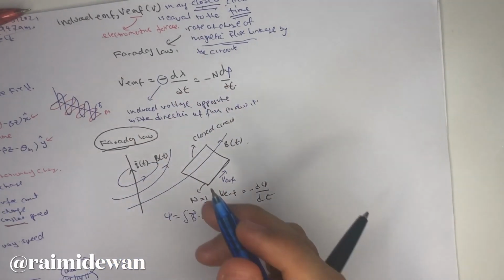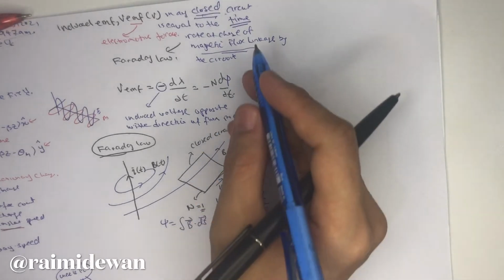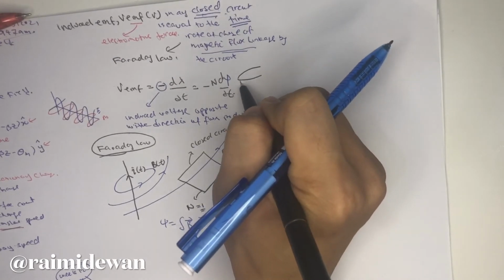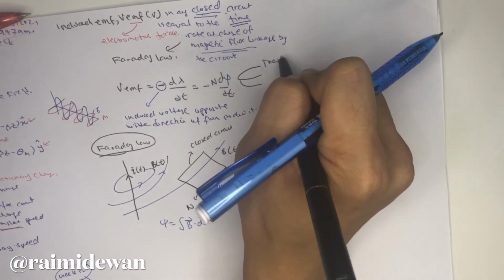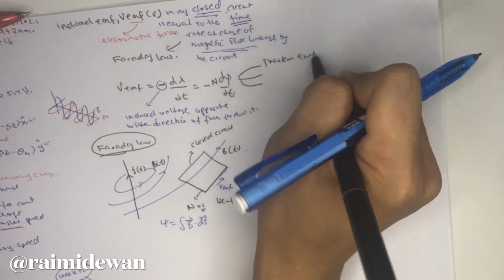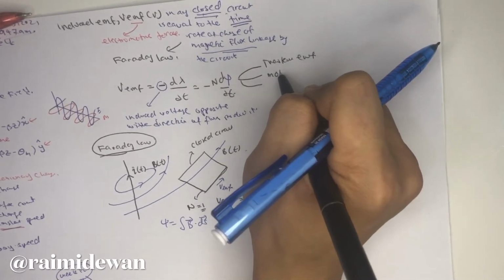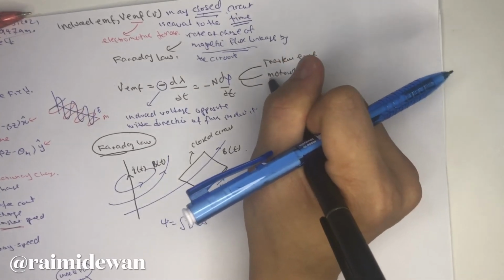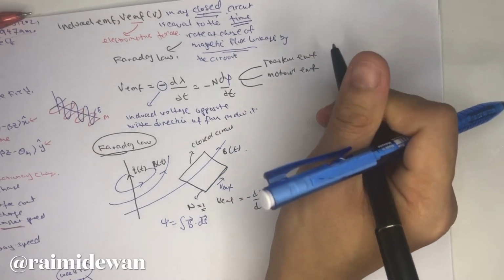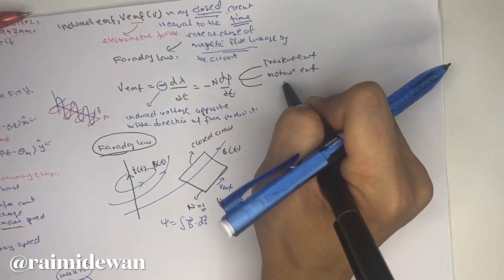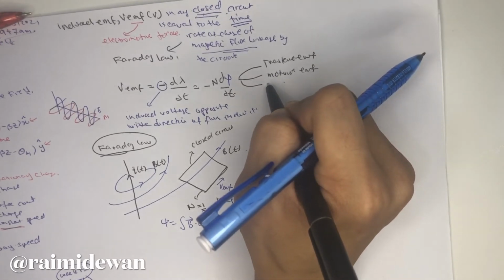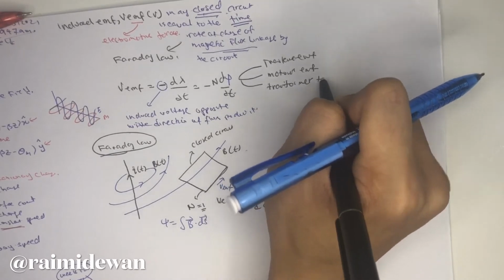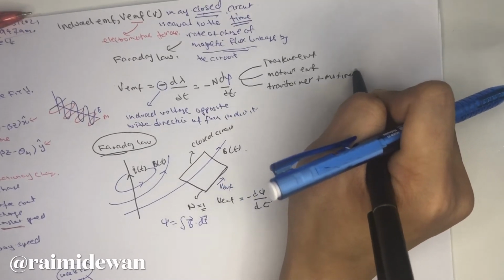First, we can have a transformer EMF, and then we can have a motional EMF, and we can have both combinations, transformer plus motional EMF.